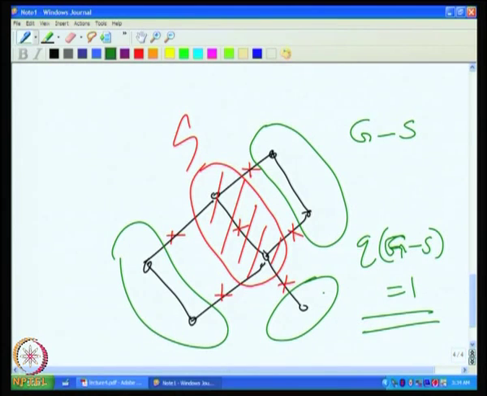Now, Tutte's condition says that for any subset S of the vertex set of G, when we remove the vertex set S from the graph, the number of odd components has to be less than or equal to the cardinality of S itself, the number of vertices we removed.